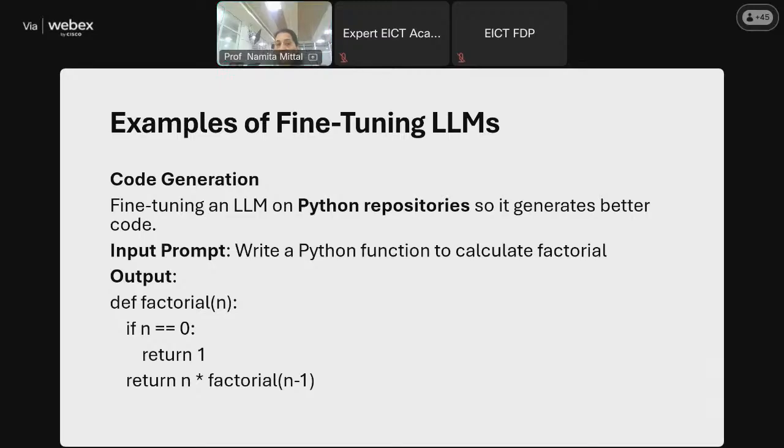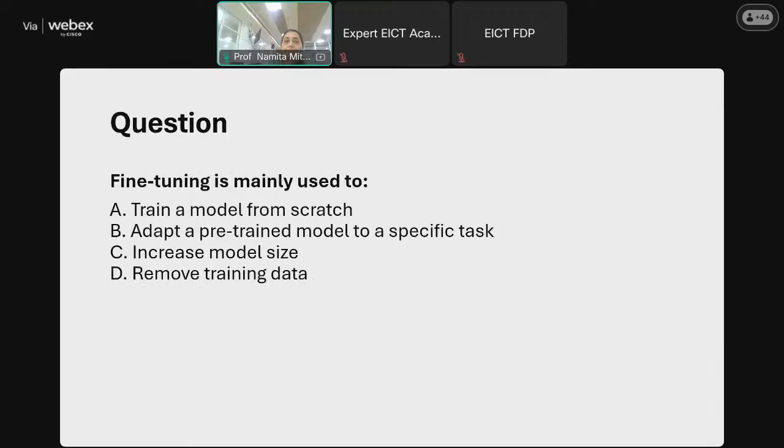We are asking our model to learn Python. We keep on doing such prompts with the answers. So the generic model, which has been trained already, will be tuned with this kind of dataset, with lots of inputs and outputs.